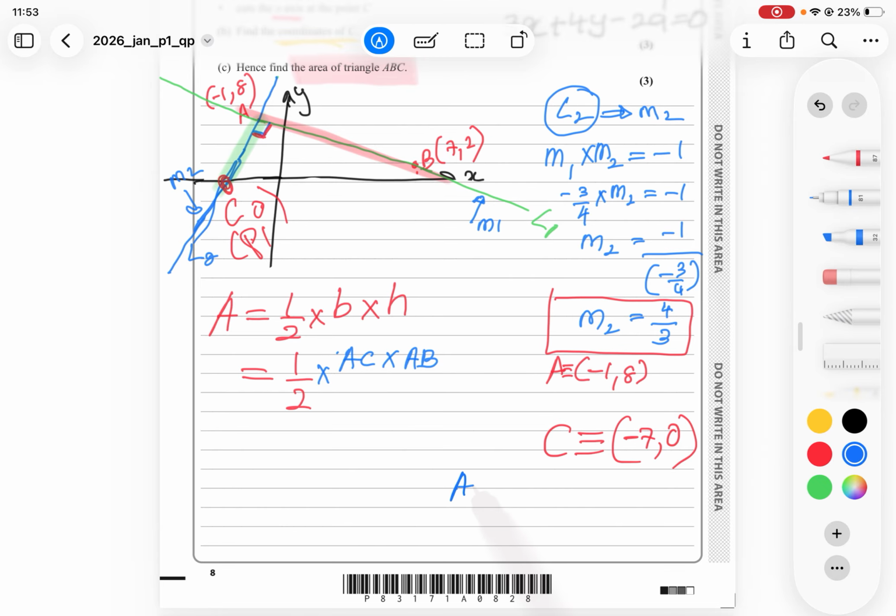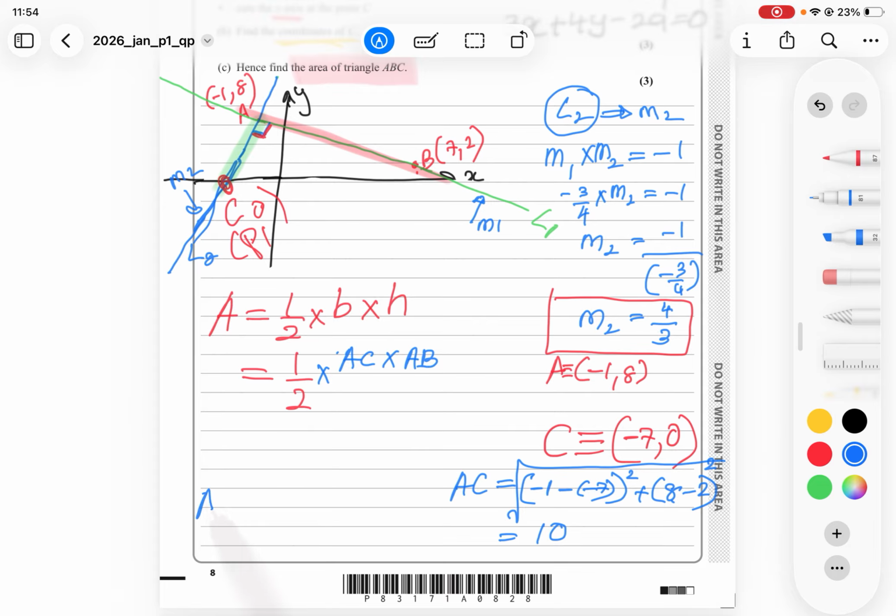So to get the AC, we have the root of negative 1 minus negative 7 whole thing squared plus 8 minus 2 whole thing squared, which is 10.